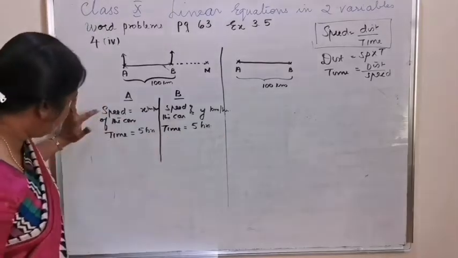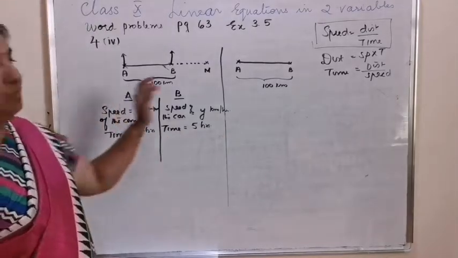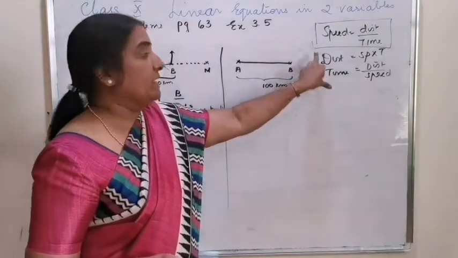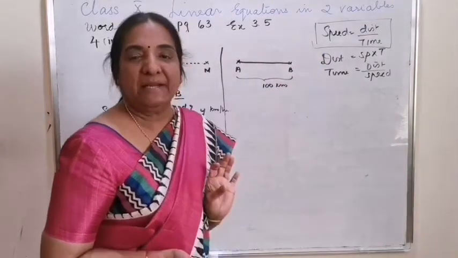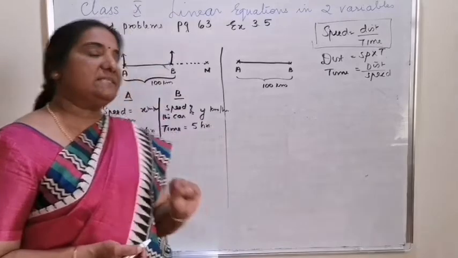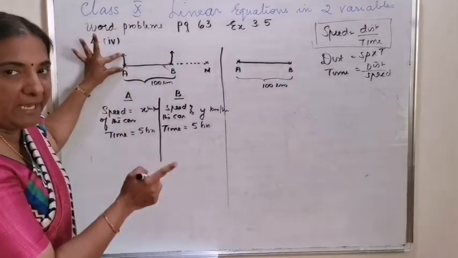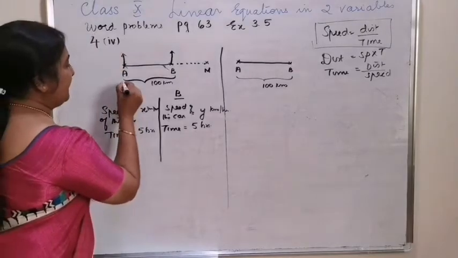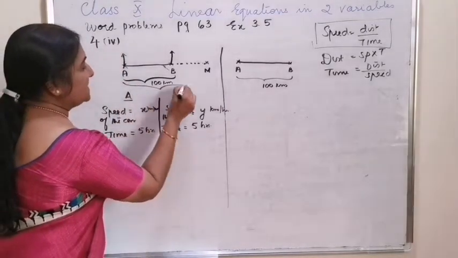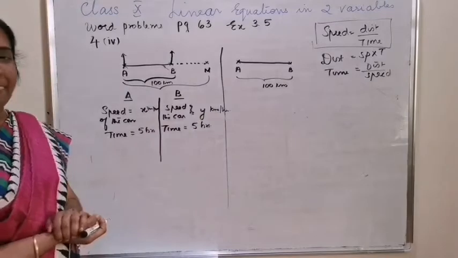If you know speed and time, what can you find out immediately? Distance is equal to speed into time. That means the distance covered by the car starting from A. What is that distance in the picture? In the picture, it is distance AM.